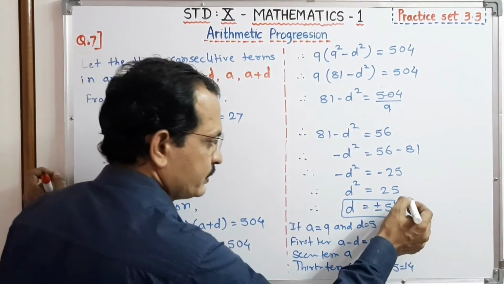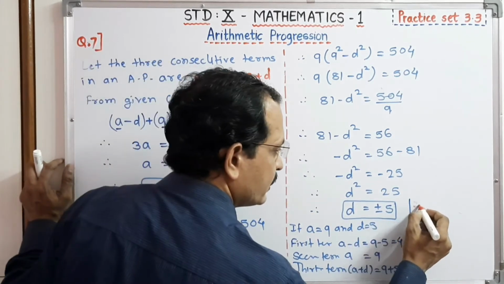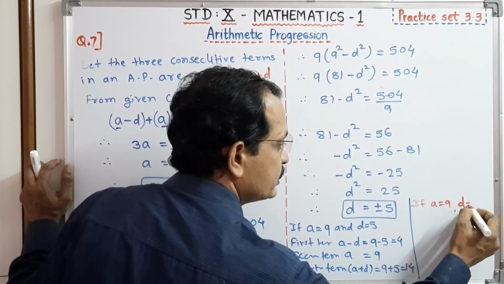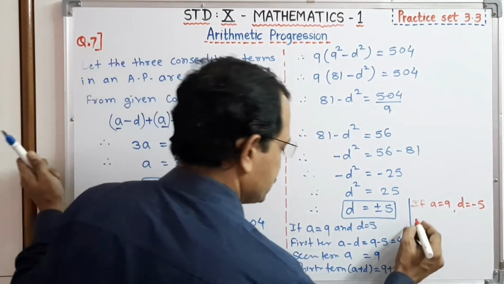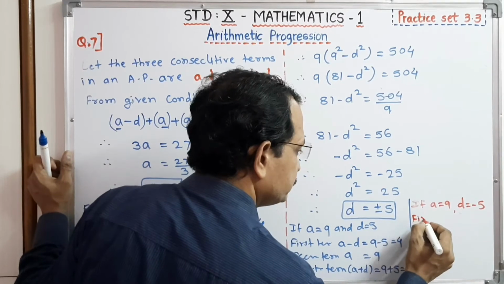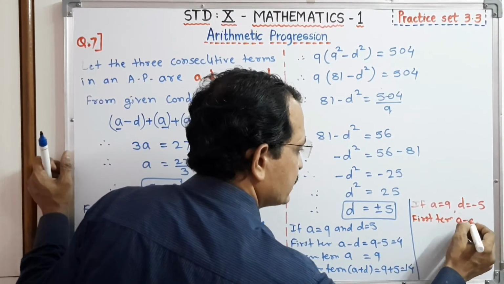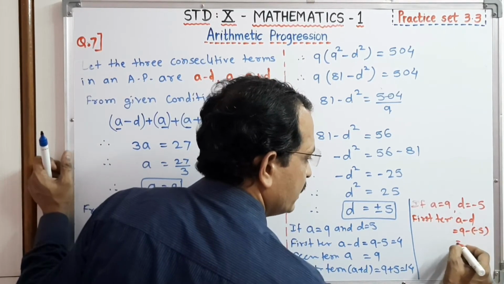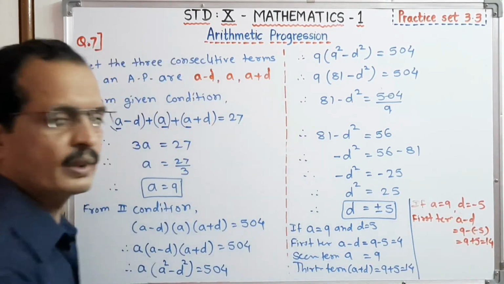Now if the second condition is there, see here, if a is equal to 9 but d is equal to minus 5, then what will be the terms? First term is a minus d, which is 9 minus (minus 5), therefore 9 plus 5 is equal to 14.